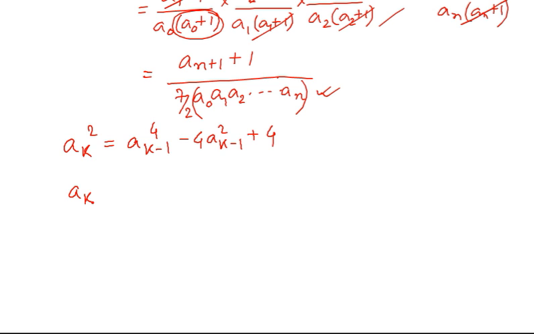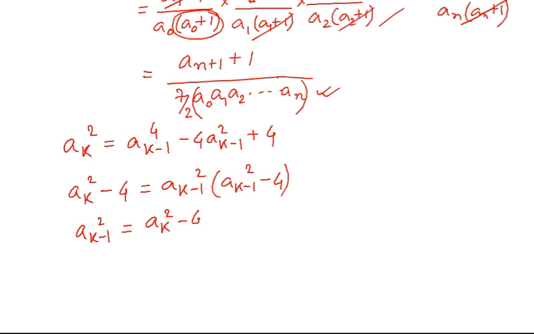So we are getting another relation, that is a_k square minus 4 is equal to a_{k-1} square common, a_{k-1} square minus 4. So from here we are getting another relation, that is a_{k-1} square equal to (a_k square minus 4) divided by (a_{k-1} square minus 4).